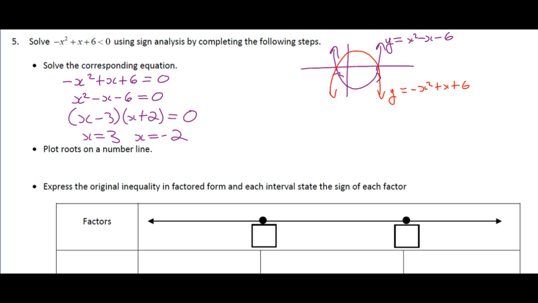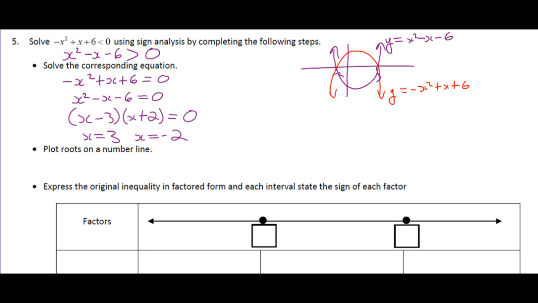We are solving equations. Except now we're solving inequalities. So if I wanted this inequality, let's say x squared minus x minus 6, what goes in between for the inequality? Greater than. Okay, so that's less than.